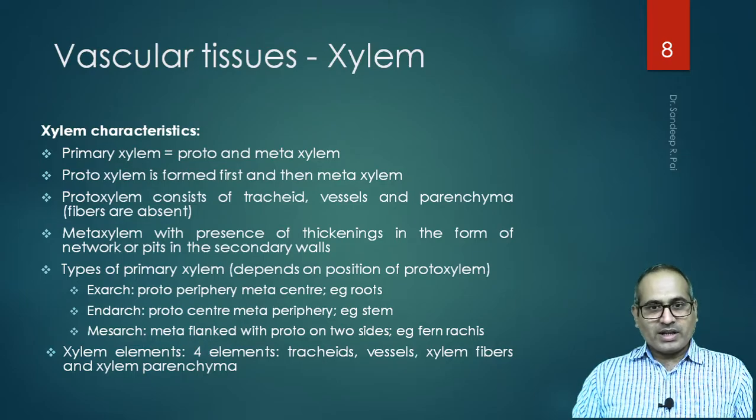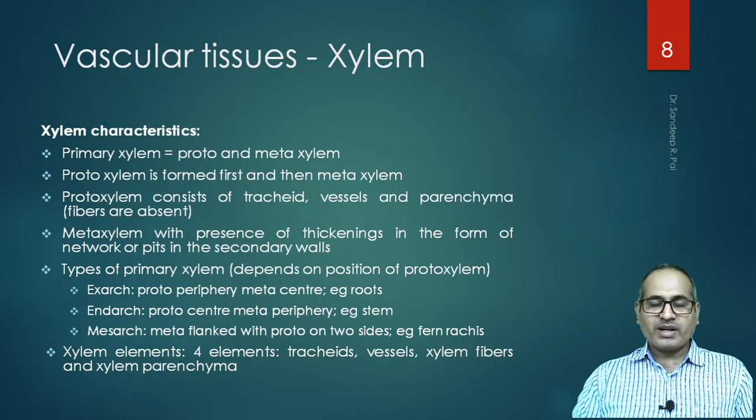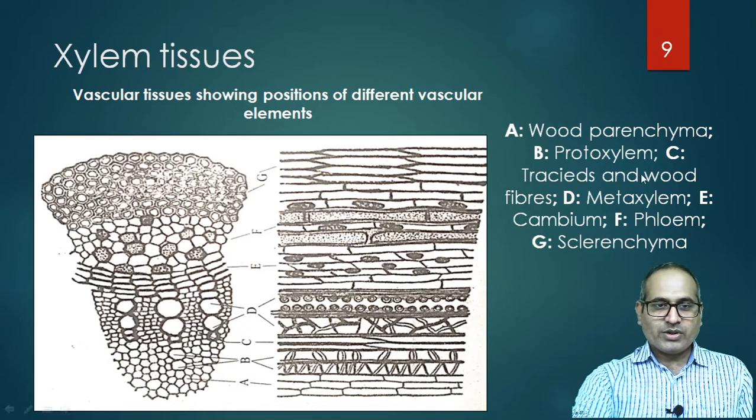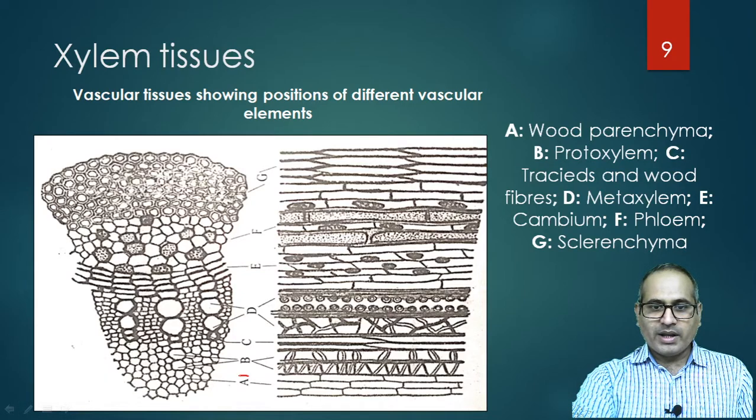Xylem is made up of 4 elements: tracheids, vessels, xylem fibers and xylem parenchyma. First, let us see how xylem tissue looks in a section. In this picture, part A is wood parenchyma.